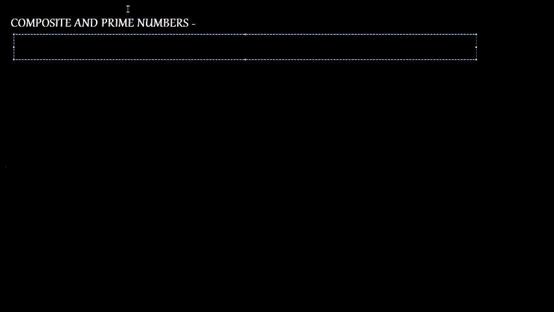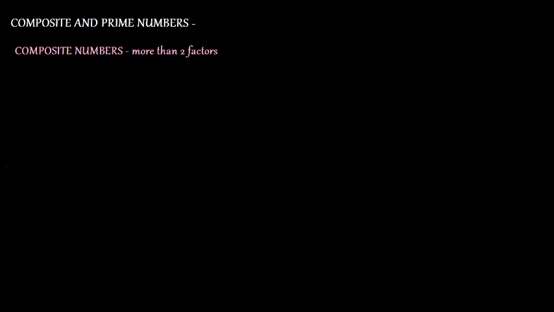Composite numbers are numbers that have more than 2 factors. So let's use a number, for example, 24.